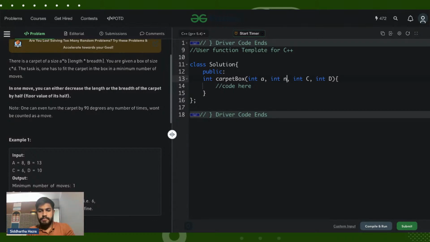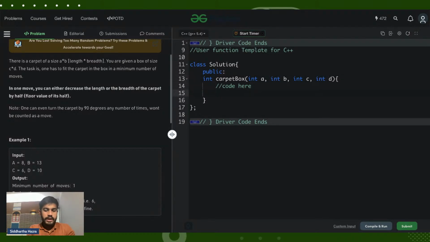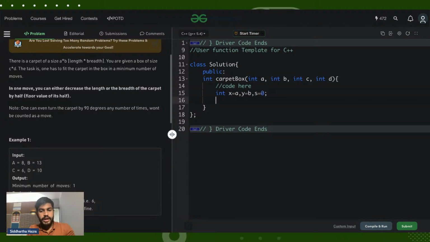So A, B, C, and D itself. Okay, and then we would make a copy so that we can just rotate and still remember the previous value. So we would say x is equal to a and y is equal to b and s is equal to 0. S would be the initial value before rotation.